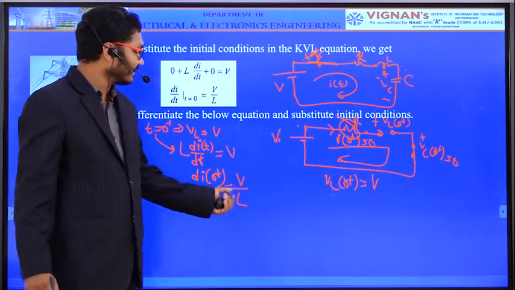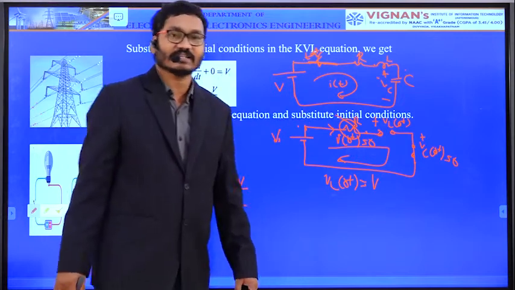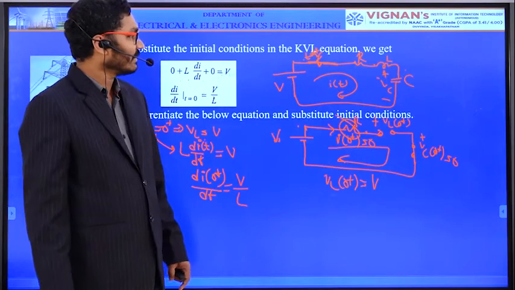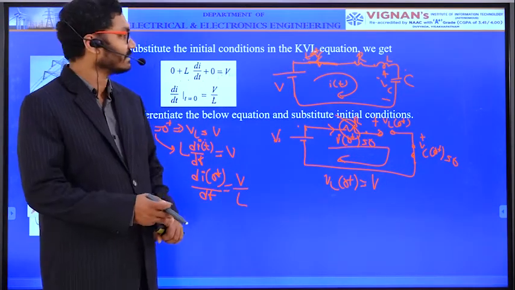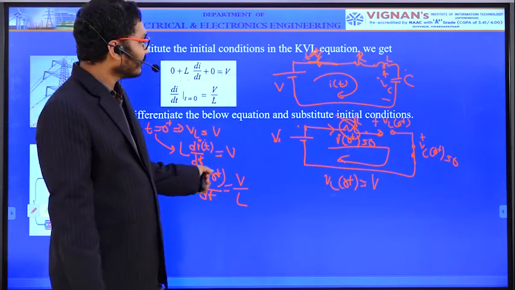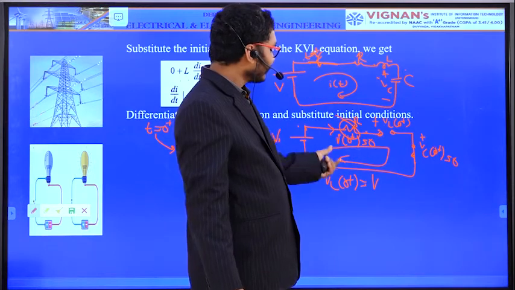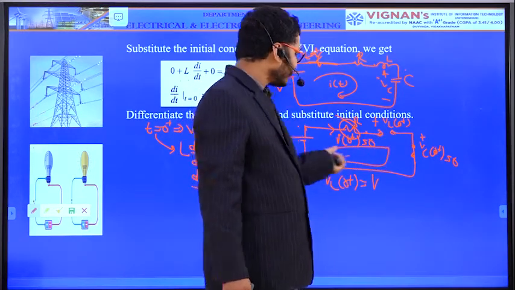Understand why I have done this? With capacitance, if you make it integration, then you find out the voltage across the capacitance, and just put the initial condition. That is the one case. Otherwise it is very simple. The voltage just at t equals to 0 plus, the circuit is like this, right?